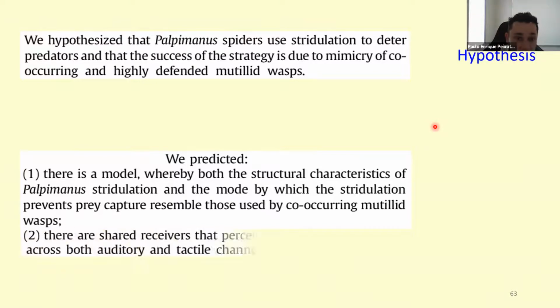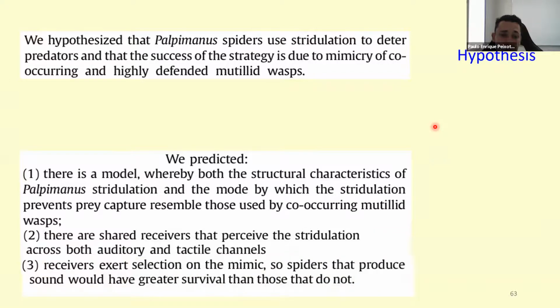They have a second prediction that there are shared receivers that perceive the stridulation across both auditory and, I don't know how to say this, tactile channels. And the third one, that receivers exert selection on the mimic. So spiders that produce sound would have greater survival than those that do not.